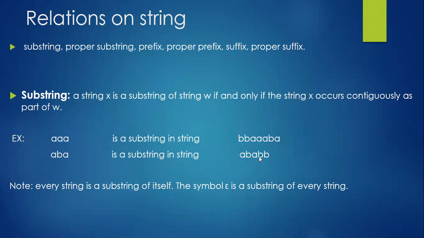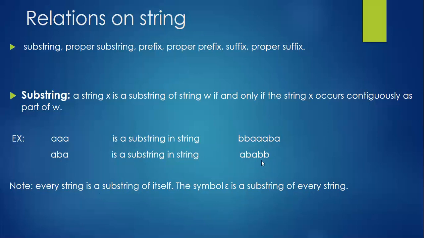Then the symbol epsilon is a substring of every string. Remember this. The symbol epsilon, which has a length of 0, is a substring of every string. Remember this when you are asked to write the substrings of a particular string.